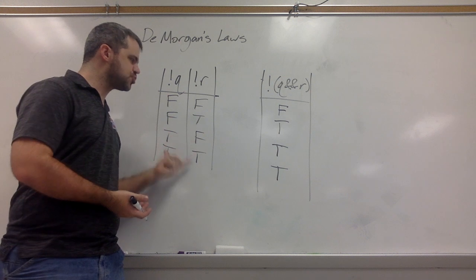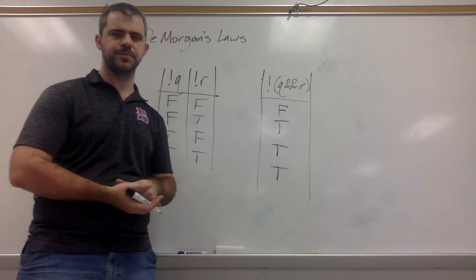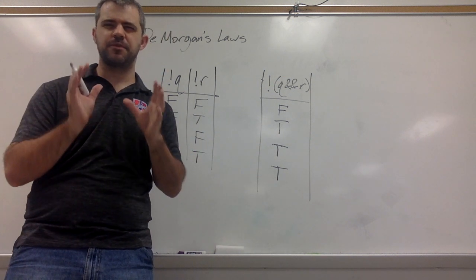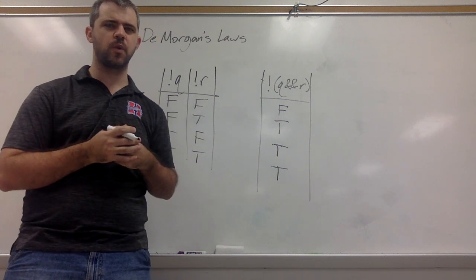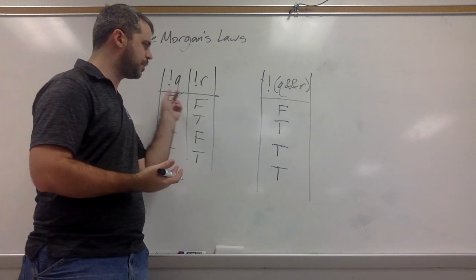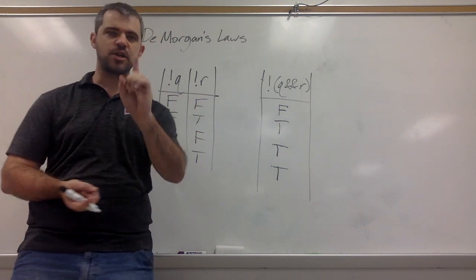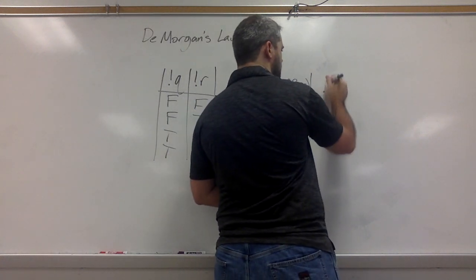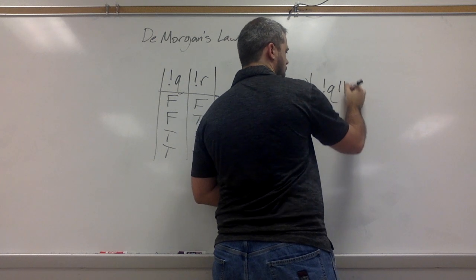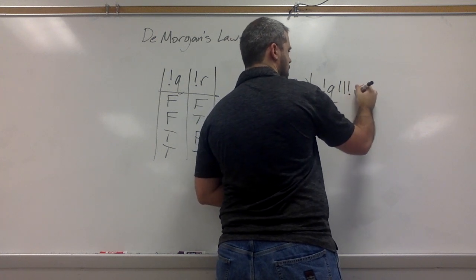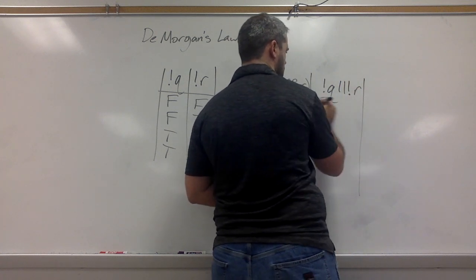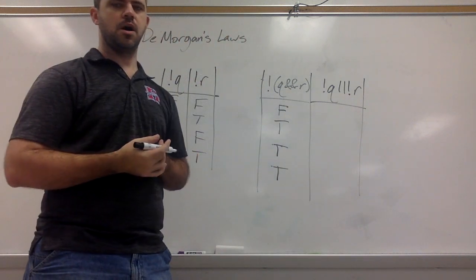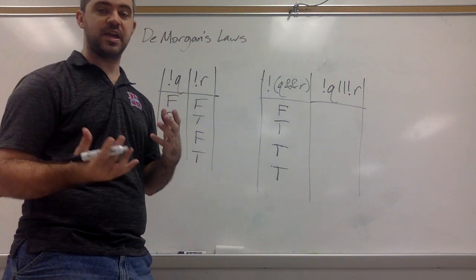But if we have any truths at all, this is true. That should sound familiar. Was there a situation earlier where it could only be false if they were both false? Well, that's an or statement. So if I say not Q or not R, that should be equivalent here.